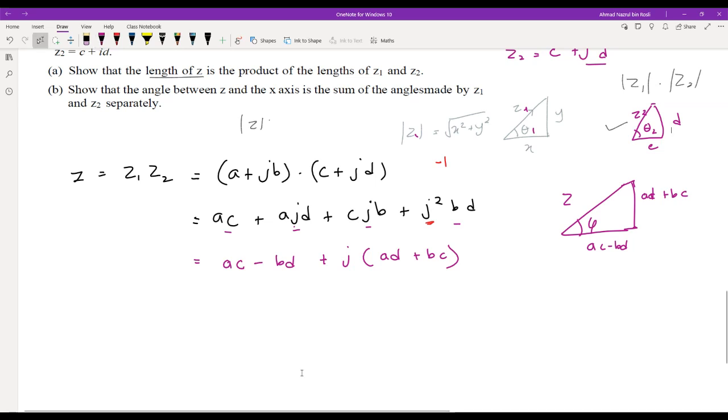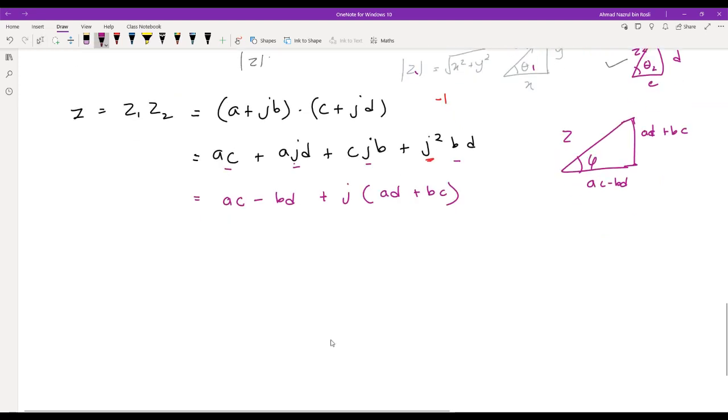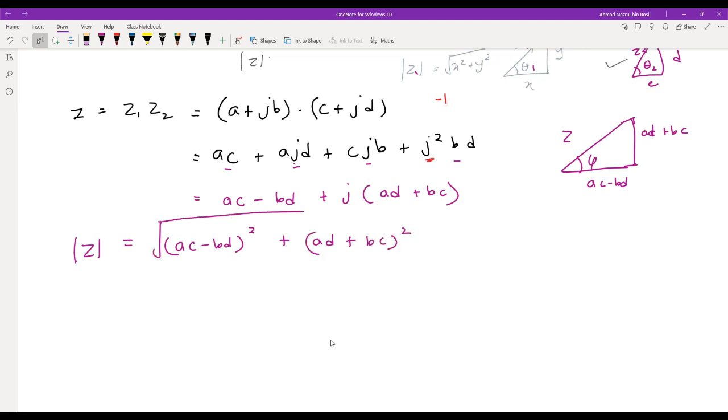Now what we can do, Z square. So we have here AC minus BD squared, and then plus AD plus BC squared, root. J will not count here because this is a vector.